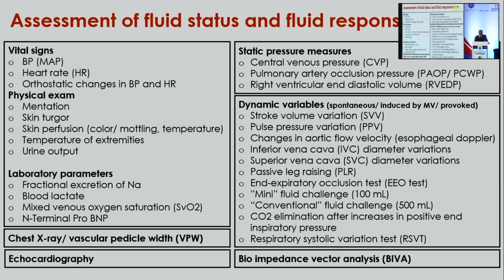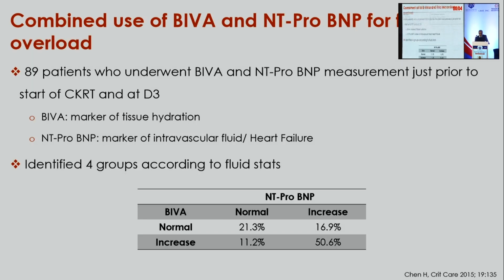While we use our clinical tools and assessments to generally decide and guide our fluid balance and fluid removal targets, we know that many times this may not be true. So are there other methods that we can use as adjuncts to our fluid removal strategies, and would that help us? There are some studies coming out that look at the use of bioimpedance vector analysis and pro-BNP.